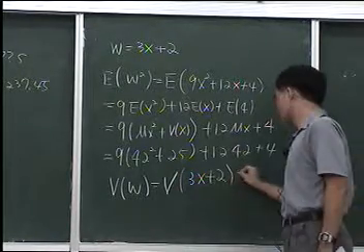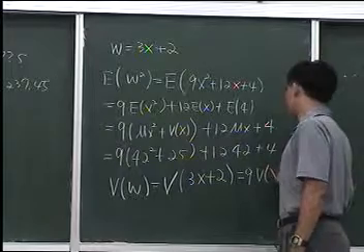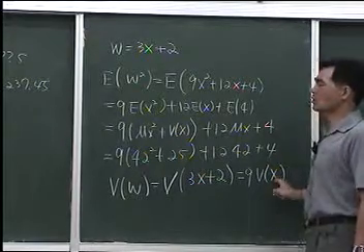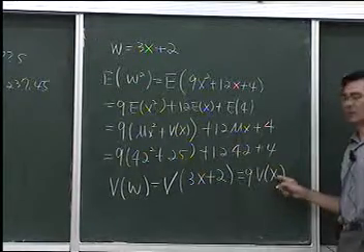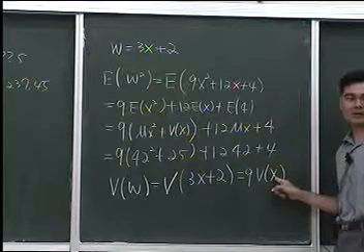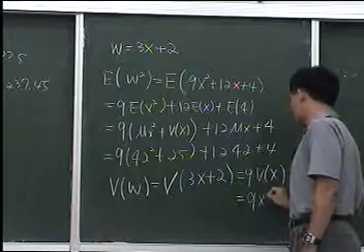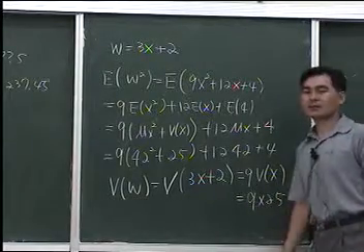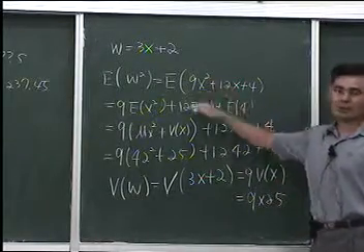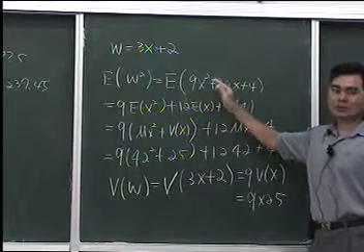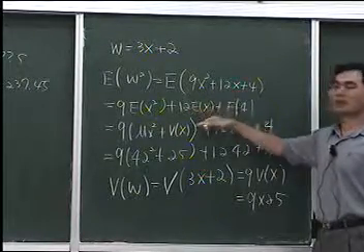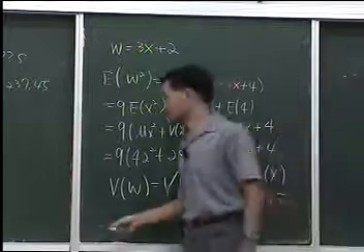So it should be 9 variance x. And just try to remind yourself, this one should be 25. It is not 5, okay? So it should be equal to 9 times 25. So basically, if you can get the formula right, okay, try to be very patient and plug in the right formula, you should be able to get it.